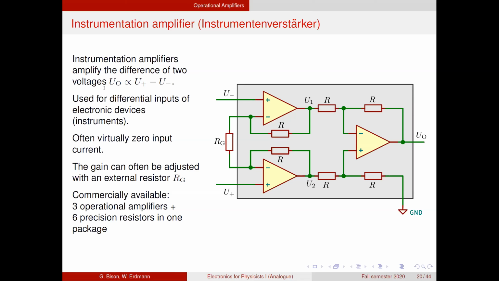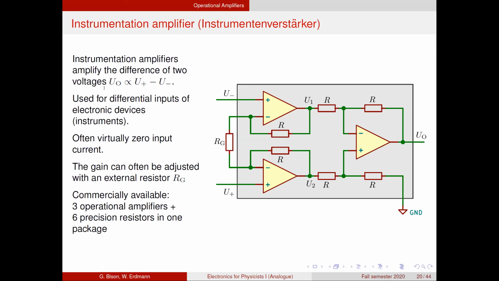Now, this sounds a lot like an operational amplifier, but the instrumentation amplifier is actually designed to work with different input voltages, where you really want to subtract one voltage from another, want to measure the difference between two input voltages. And they can have a sizable difference.